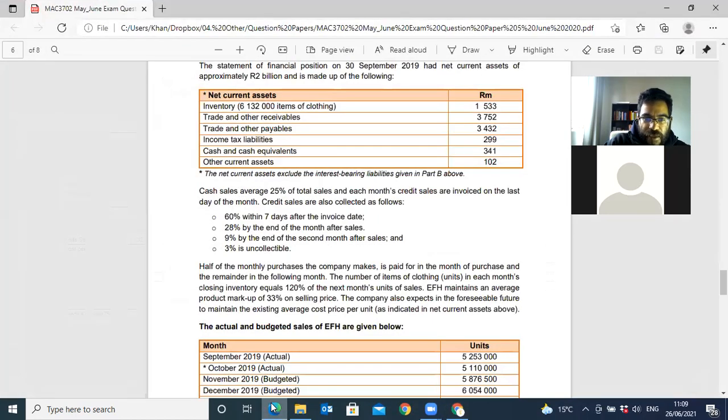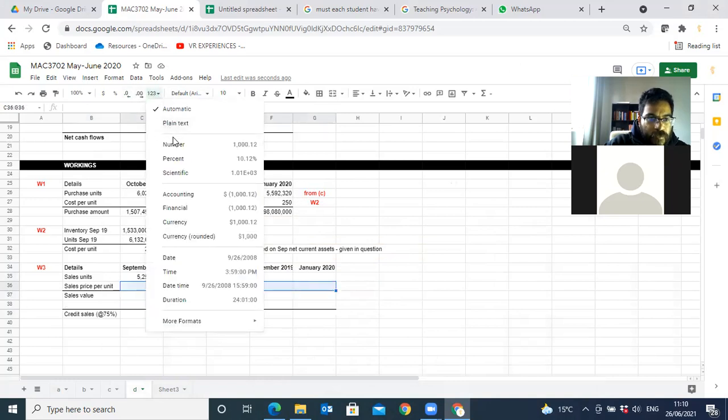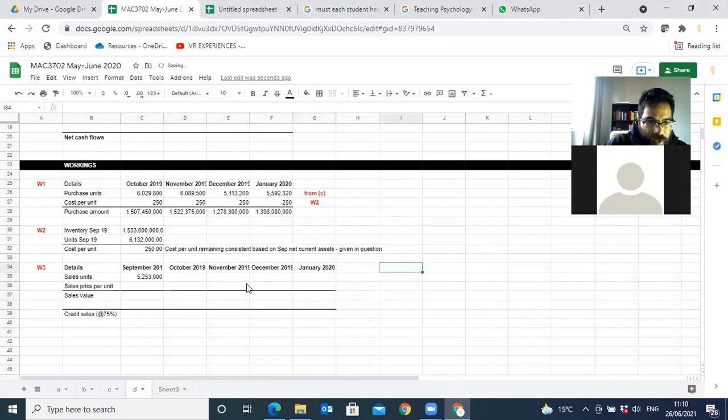If we go back, sales units in September was 5253 123. Okay, so now we can just get the others.